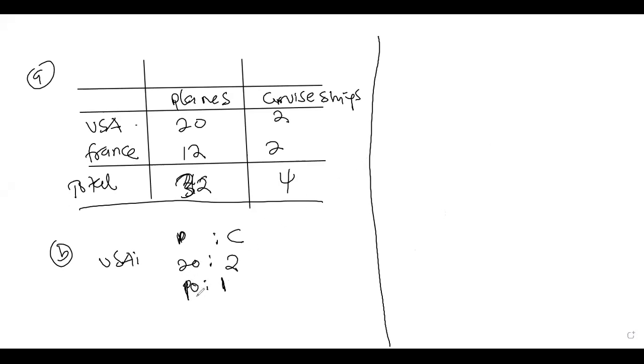Now, what does this mean? Remember, it is 1 cruise ship to 10 aeroplanes.